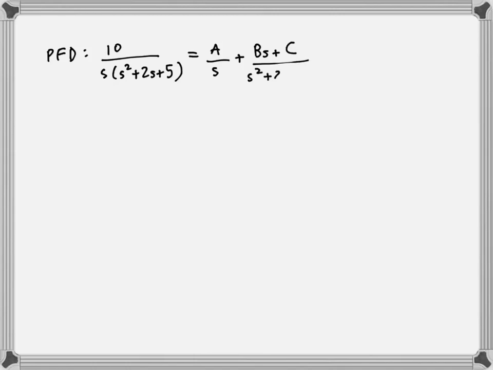So what is the partial fraction decomposition? I actually want to figure out what 10 over s times s squared plus 2s plus 5 is. So understand first that this is going to become A over s plus Bs plus C over s squared plus 2s plus 5. Now I don't want to go through the entire partial fraction stuff. I just want to tell you what the answer is.